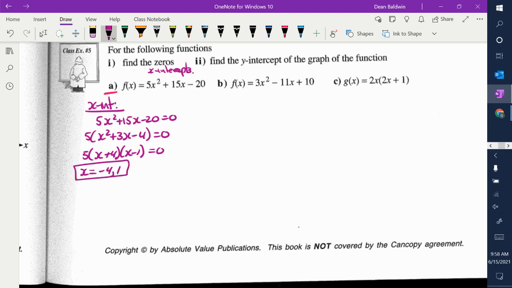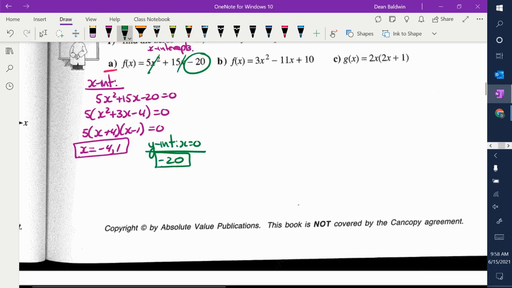There you go, -4 and +1. Okay. The y-intercept, in green, that's when x is equal to 0, right? So what number do you just have to look at? Negative 20, because that'll go away and that'll go away. It's negative 20.